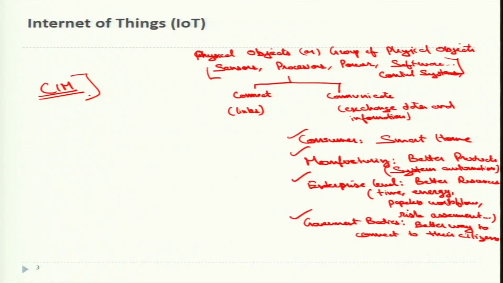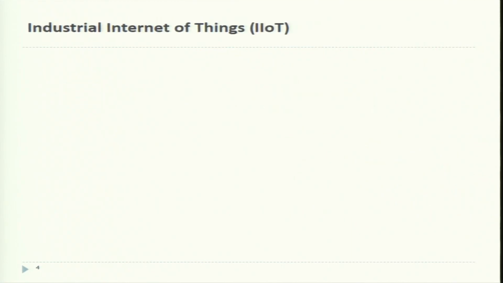So, this was basically a small Internet of Things that can happen at the house level only or at government bodies that would like to connect to them. When I say industrial Internet of Things, here the word industry comes into play. In IIoT, it is not only Internet of Things, but we also have cloud computing, that is, the computing happens at the cloud.